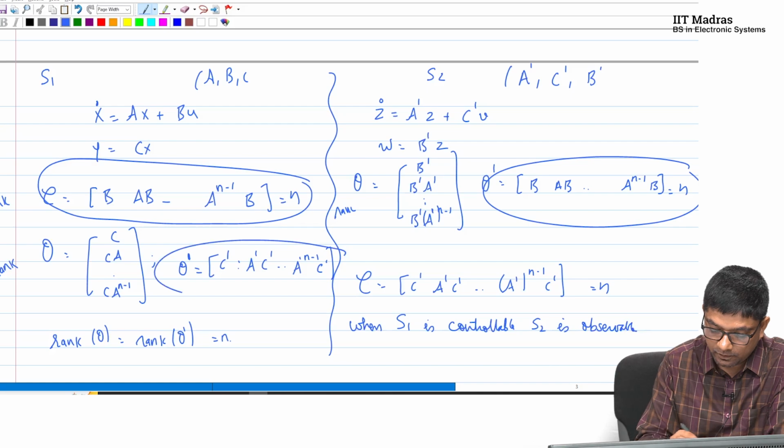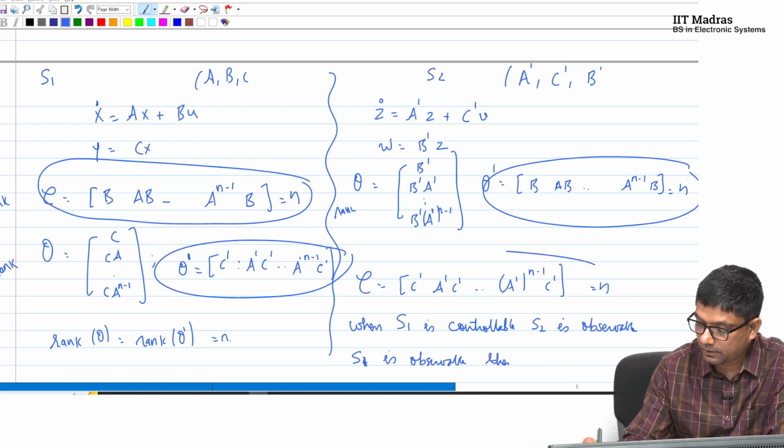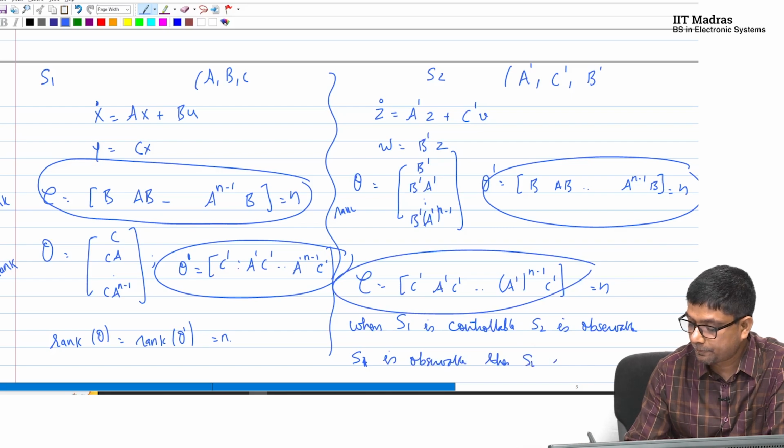Similarly, when S1 is observable, then S2 is controllable. Okay.